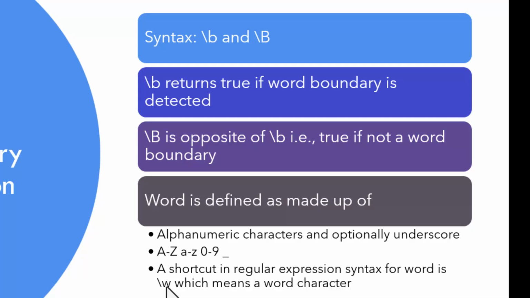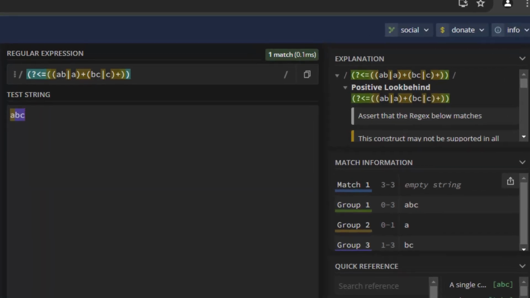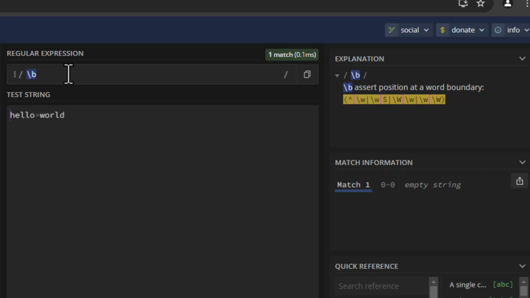So let's head over to regex101 again and try out an example. Let's get rid of this, and I'm going to say hello world, and I'm going to say backslash b here. So it found one match right over here.